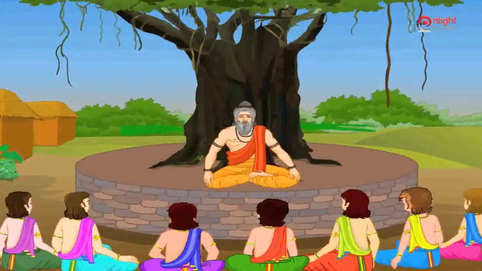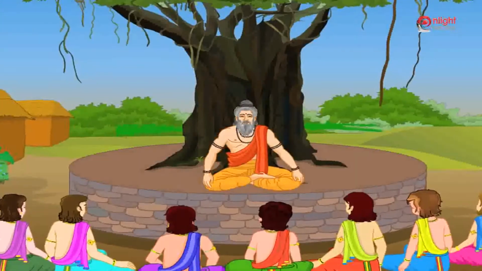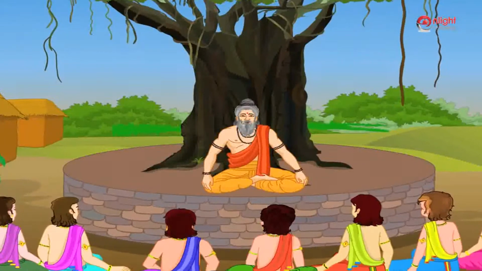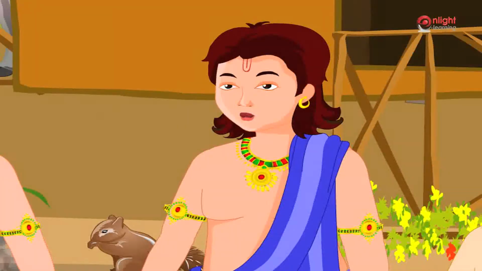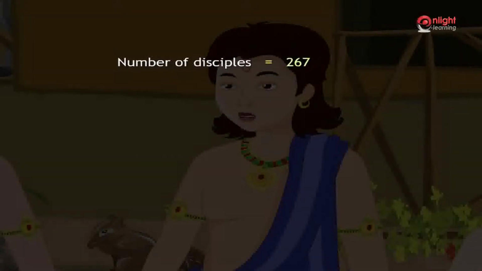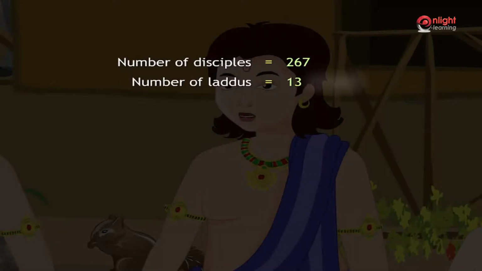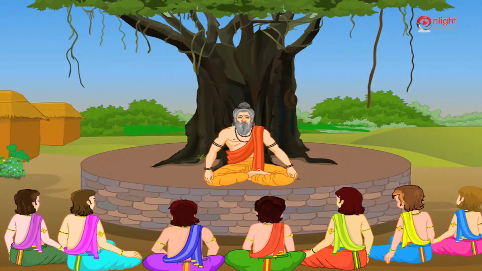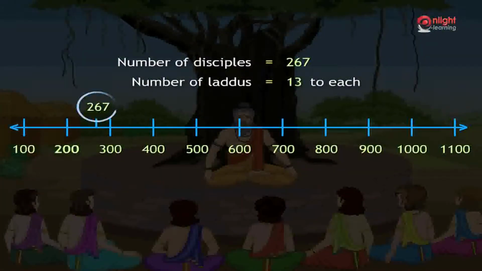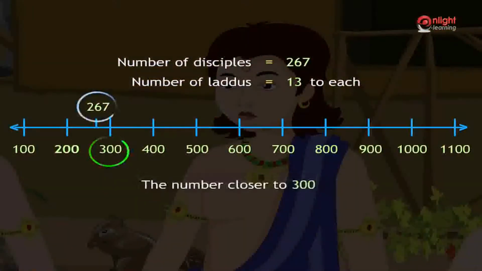Now children, tell me how many laddus Guru Mata has to make by estimating. Number of disciples 267. Number of laddus 13 to each. To which multiple of 10? 267 is closer to 300.